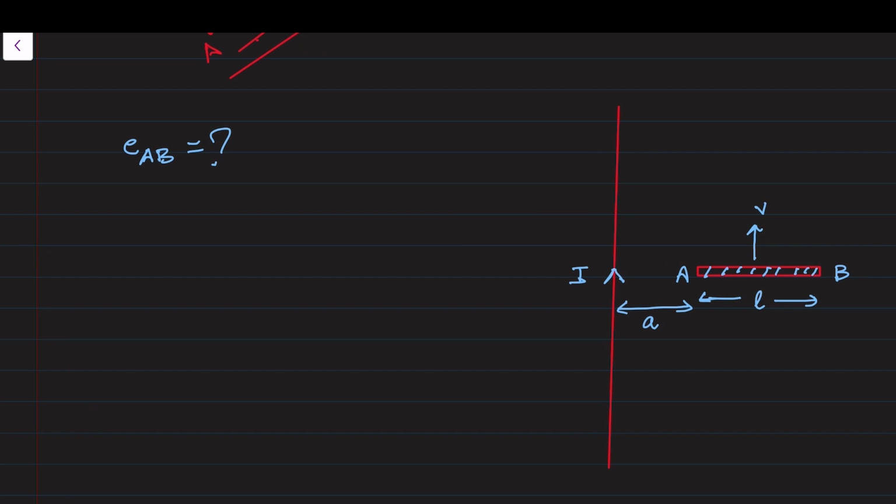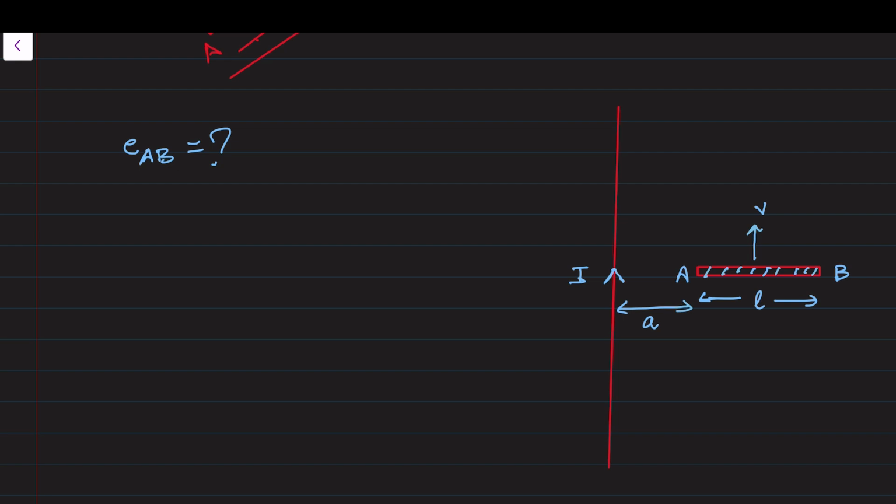Now in this question, the magnetic field at different locations, here, here, here, due to the wire is different. This conductor is moving in a non-uniform magnetic field. So if it is moving in a non-uniform magnetic field, we have to go for the integration technique.